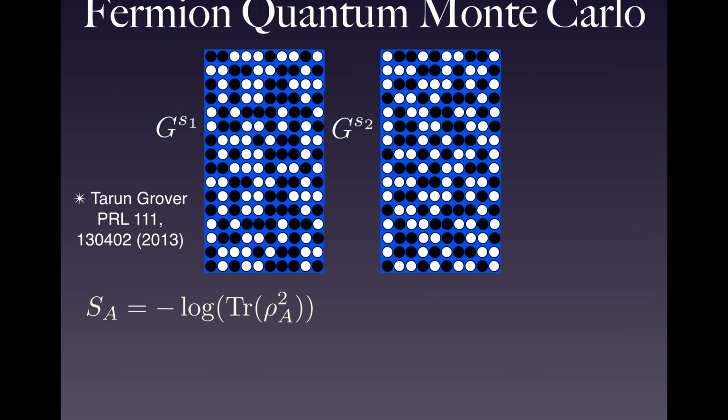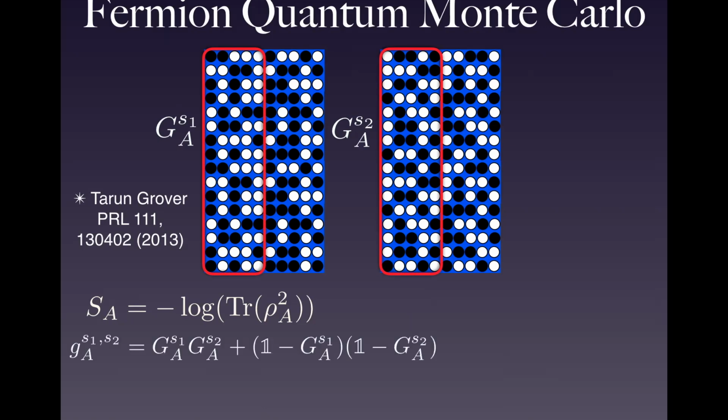And all you need to do is take those Green's function matrices, restrict them to the spatial region A. So you form smaller matrices out of them. Then you multiply them together in this fashion to form what I'm going to call this Grover matrix. And then it's very simple to compute the second Renyi entropy.